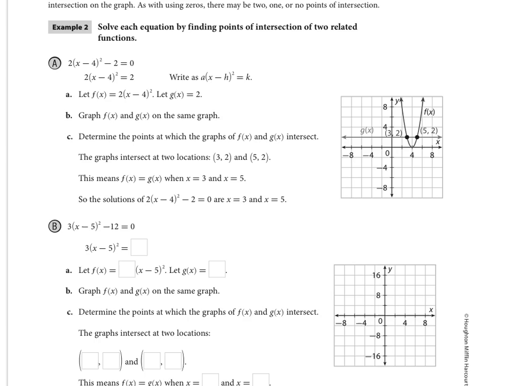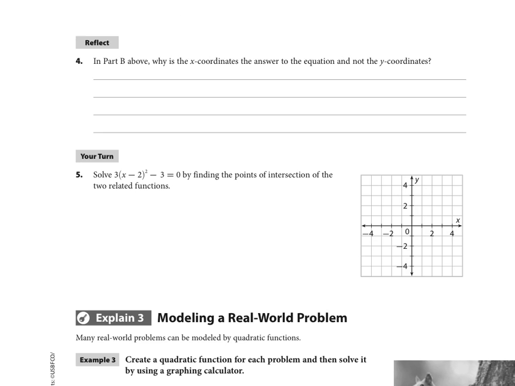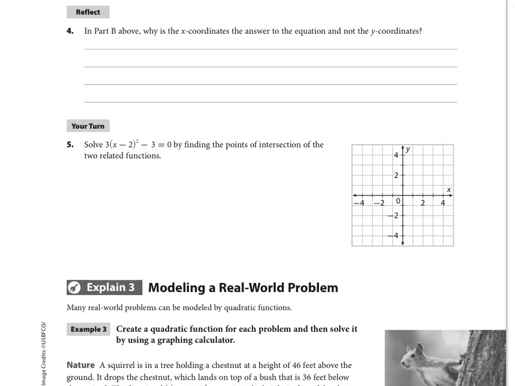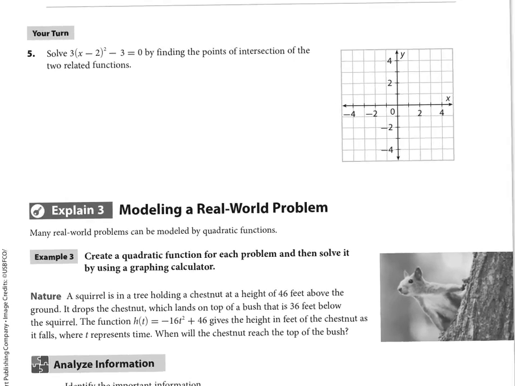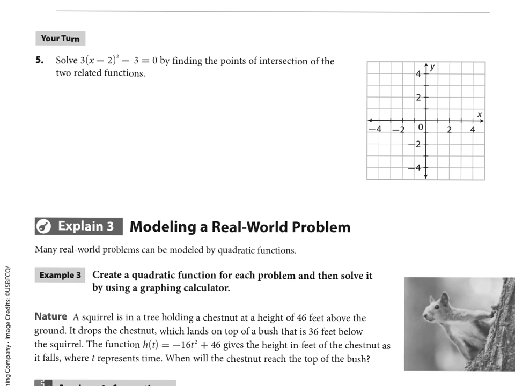But what I'm going to do is try to show you algebra how to do this as well. So I'm going to take the your turn problem here and try to show you how to do it using a little bit more algebra. So I have the equation 3 times (x minus 2) squared minus 3 equals 0.